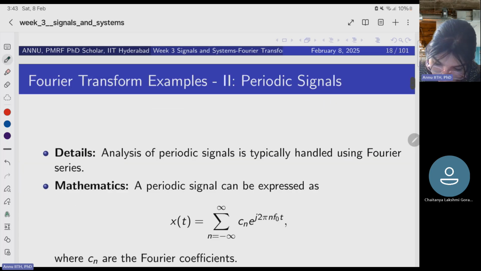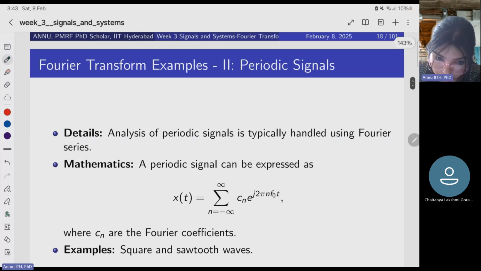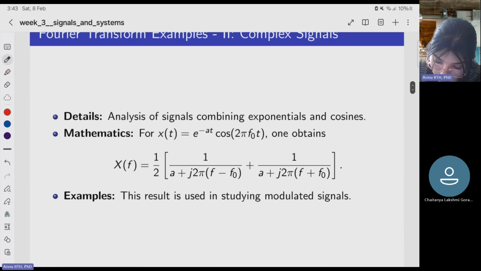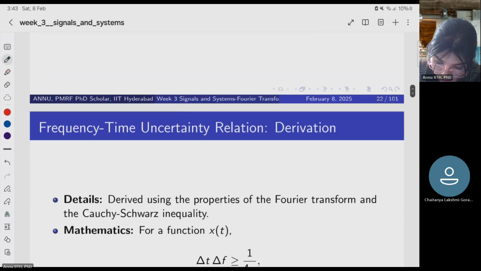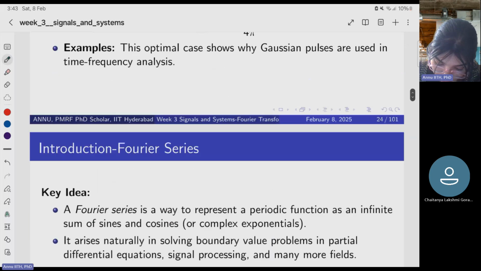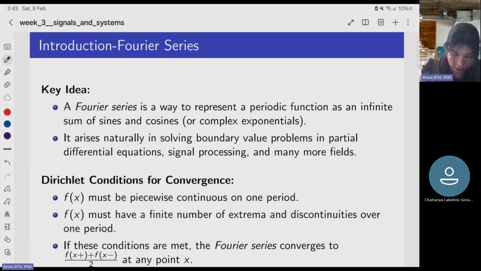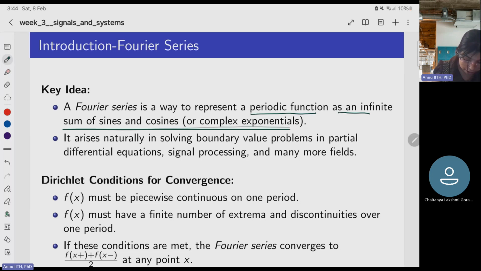Fine. If I talk about periodic signals, first of all I will go with the Fourier series, then I will talk about this particular thing. The key idea of the Fourier series is a way to represent a periodic function as an infinite sum of sines and cosines, or complex exponentials.